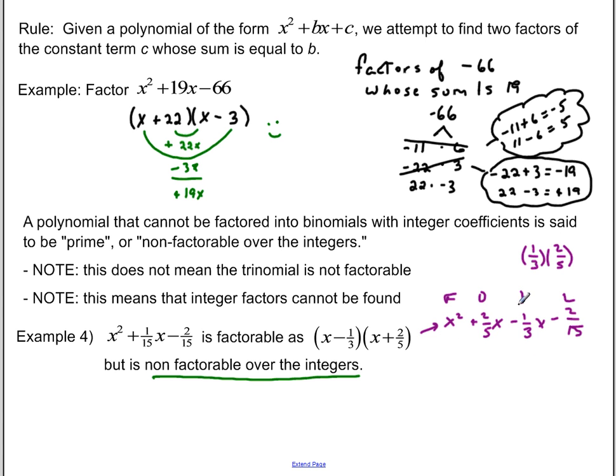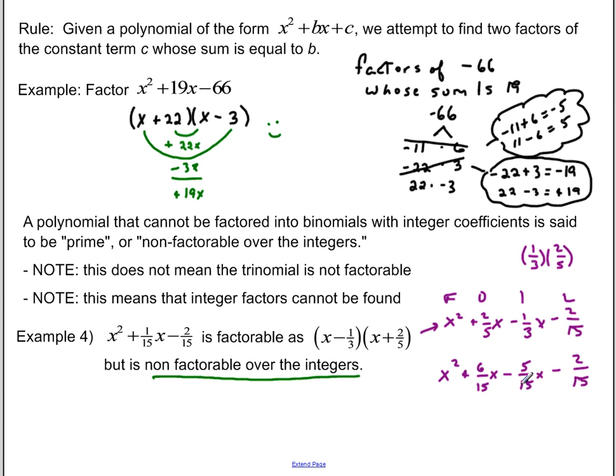All right. Of course, we have to add our two middle terms right here. That requires a common denominator. Well, what's the common denominator? Of course, 15, right? So x squared plus, let's see, to get a common denominator, we multiply 2 times 3 to get 6 over 5 times 3, 15 to get x. We're going to take 1 over 3 times 5, 1 times 5, 5 times 3, we're going to get 15 in the denominator. Remember, we want our common denominator to be 15. So that is 5/15 x minus 2/15.